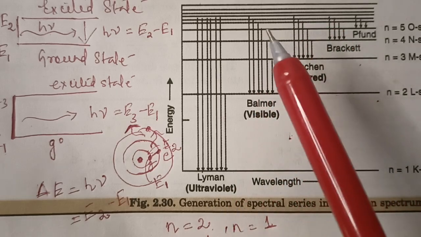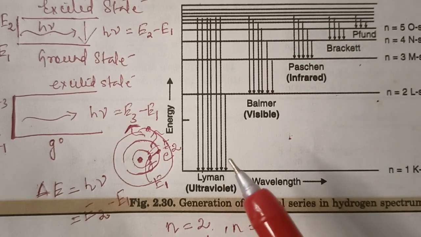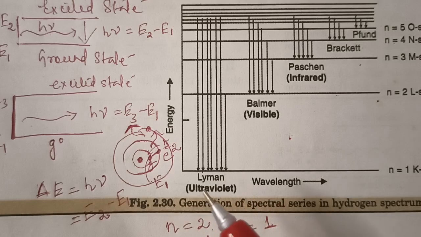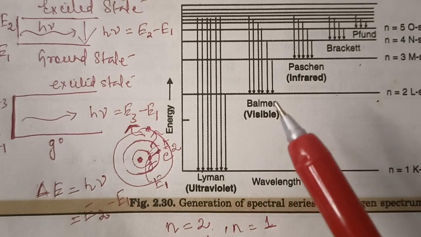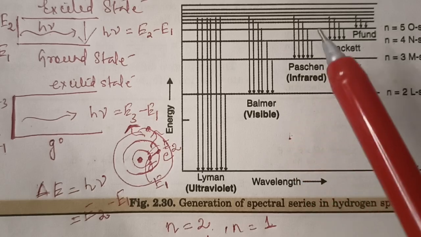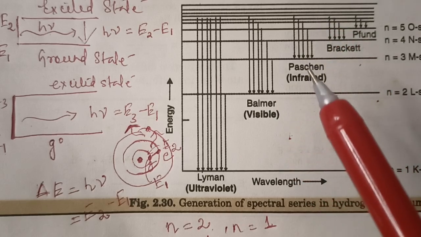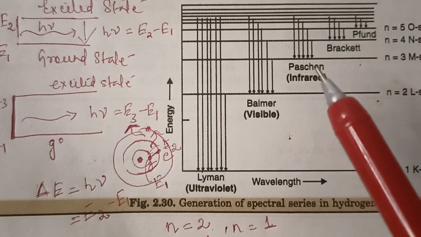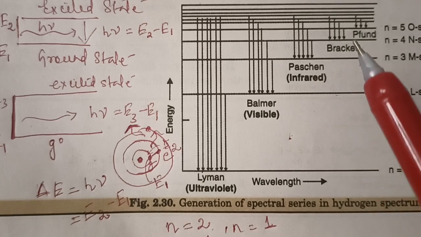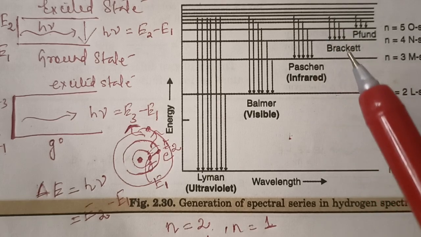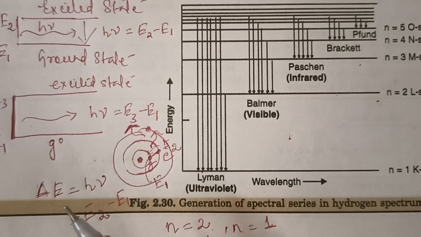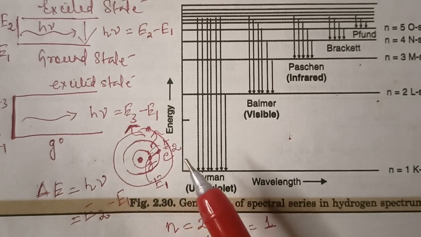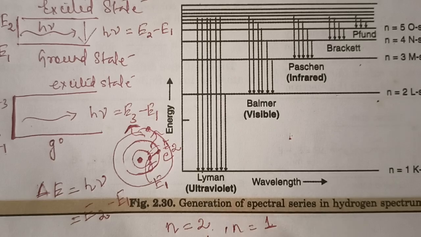From any energy state to n equals 1 is the Lyman series, n equals 2 is the Balmer series. If it jumps to the third shell, it is the Paschen series, then the fourth shell is Brackett and the fifth is Pfund series. This is all about the series that we have to remember.